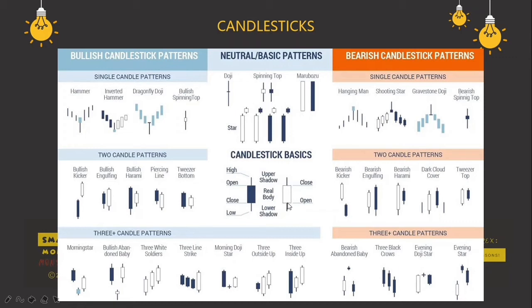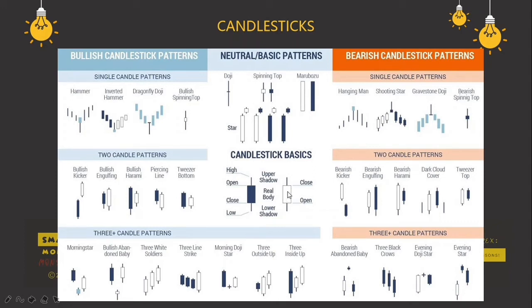This candle opened here, came down to this lowest point, then went back up past the open to this highest point, making the high for the day. Then it came back down and closed at this point. That is how this candle moved.